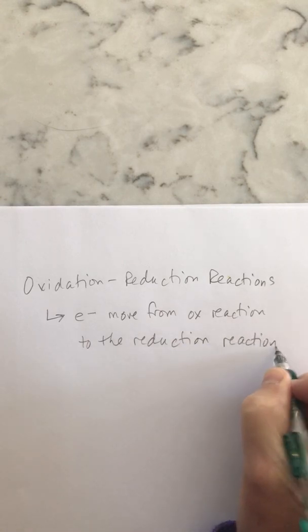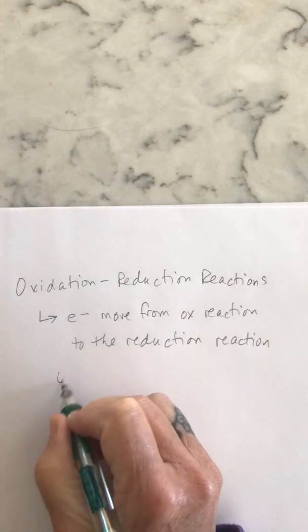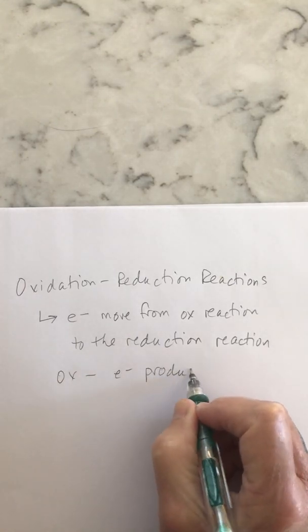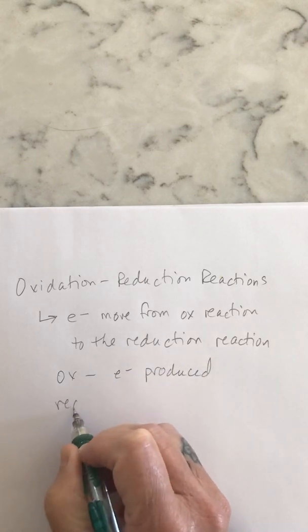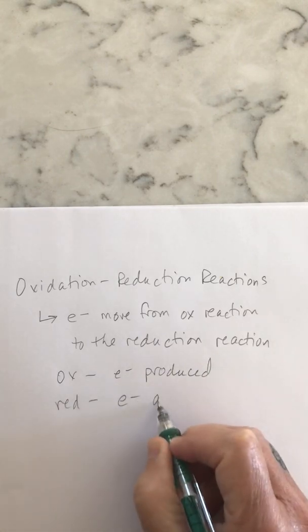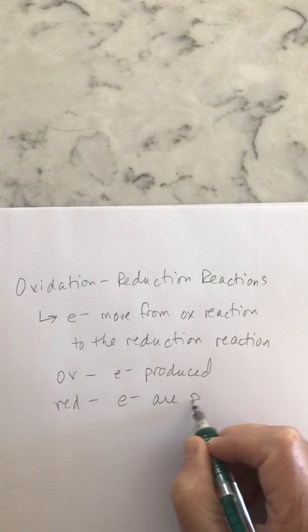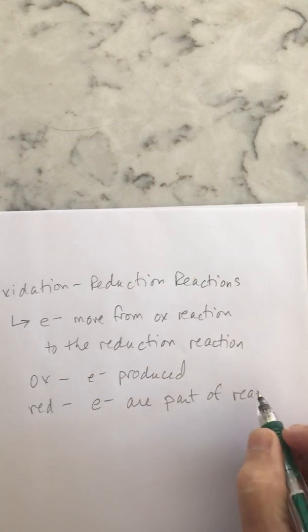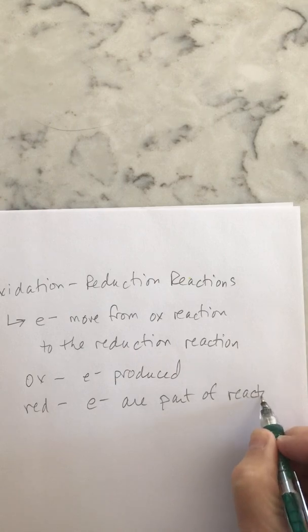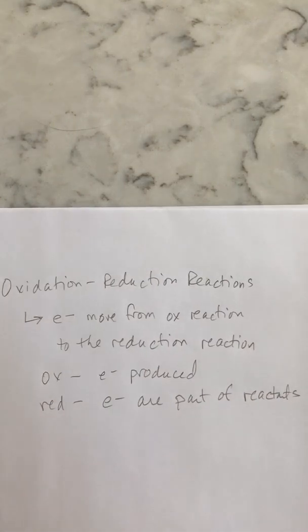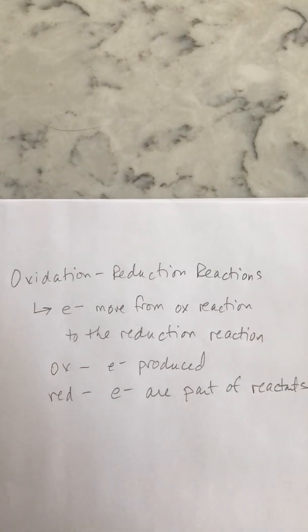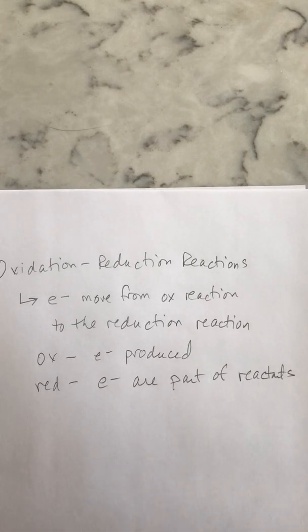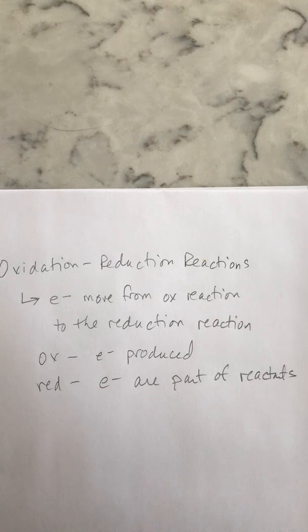So in the oxidation part of the reaction, electrons are actually produced, and in the reduction part of the reaction, the electrons are actually part of the reactants. Because electrons are being exchanged in these reactions, there is a change in charge of the species within the reaction, and you'll see that as we go to balance the first reaction.